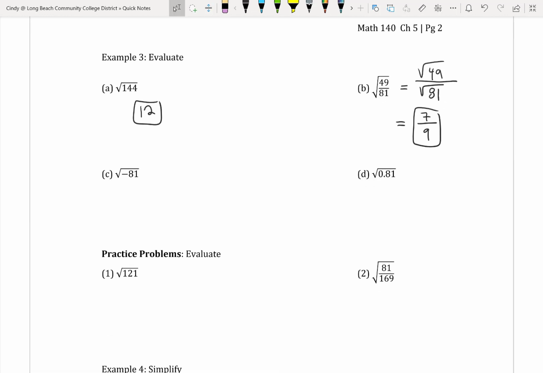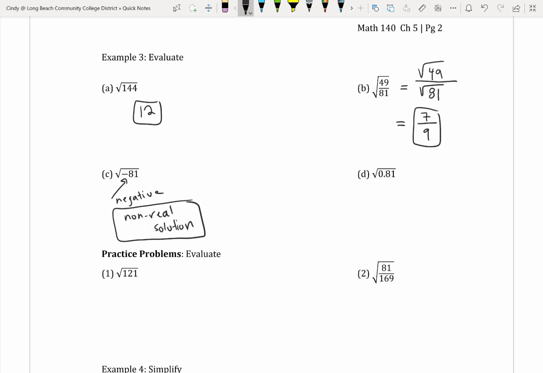If I have the square root of negative 81, again, this is negative inside the square root. So we're going to say it's a non-real solution. This is an imaginary number, so we're going to go ahead and say it's a non-real solution.